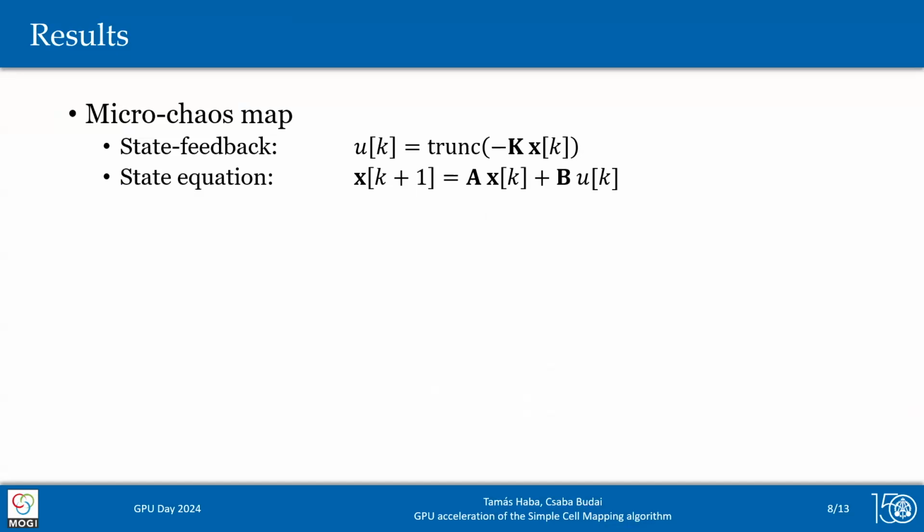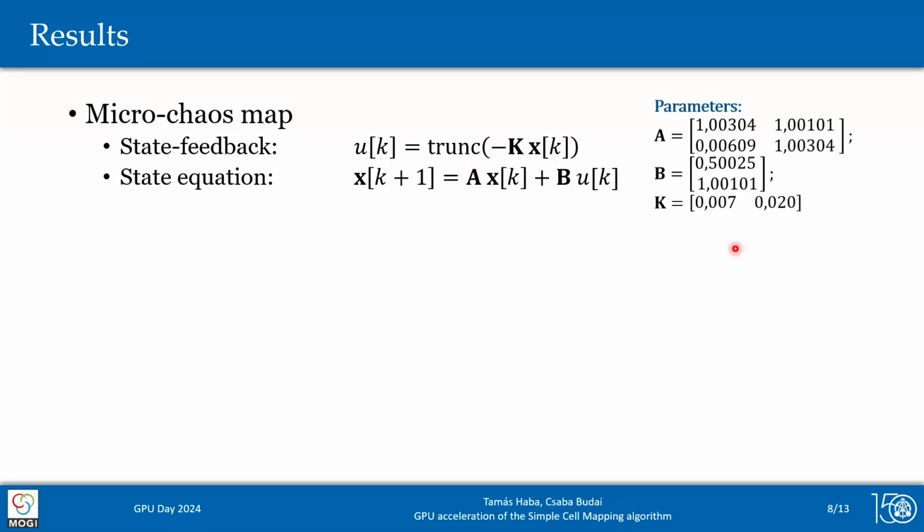And the implementation is tested on the so-called microchaos map, which is basically a state space model with a state feedback controller. And this state feedback control has a truncation also. And here you can see the parameters of the cell mapping.